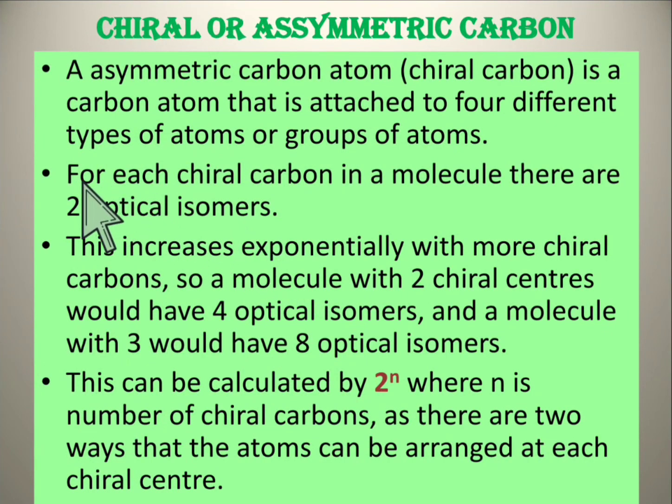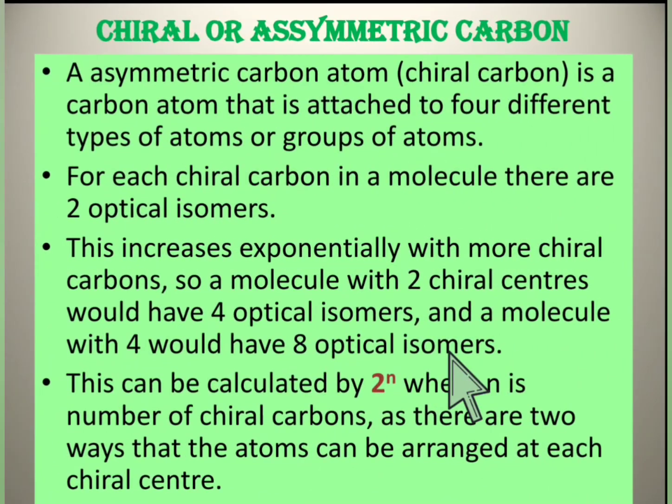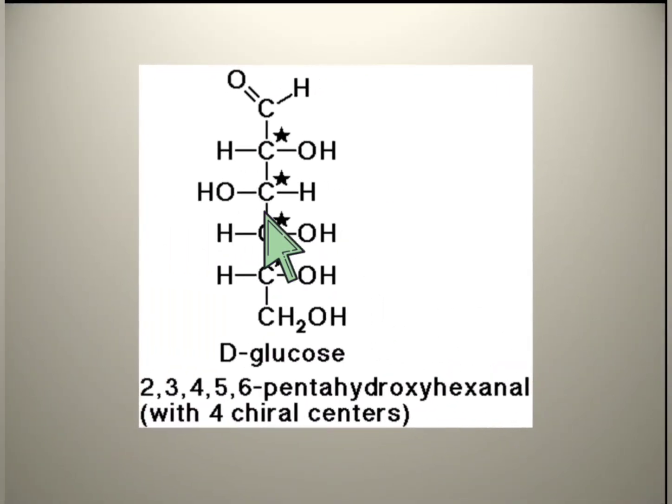And here just remember, for each chiral carbon in a molecule there are 2 optical isomers. That means if there are 2 chiral carbons in a molecule there will be 4 optical isomers. So let us take a look at this one.